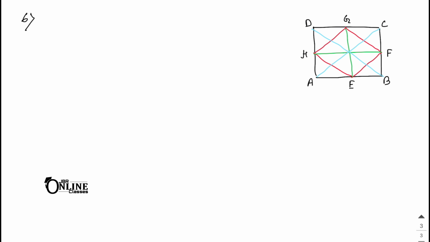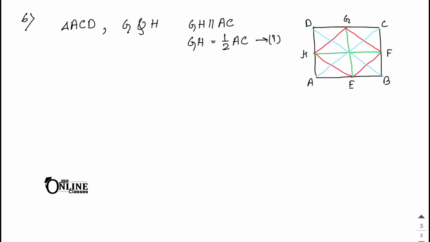Now in the triangle ACD, that means the upper one, H and G are the midpoints of DC and DA respectively. That means here you can write down GH is parallel to AC and also GH equal to half of AC. That is equation number 1.